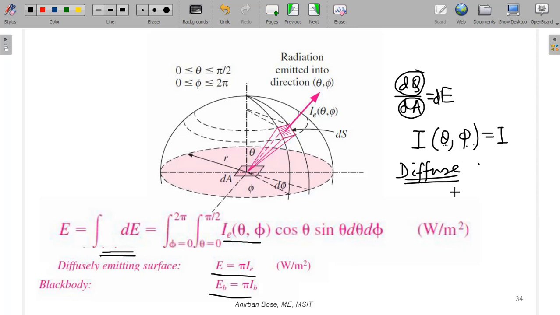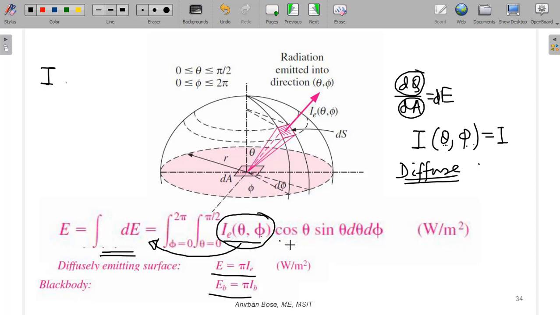So in case of diffuse emission, this particular quantity is not a function of theta and phi, and you can take it out of the integration. Then the expression will be I into the integration of the remaining quantity.